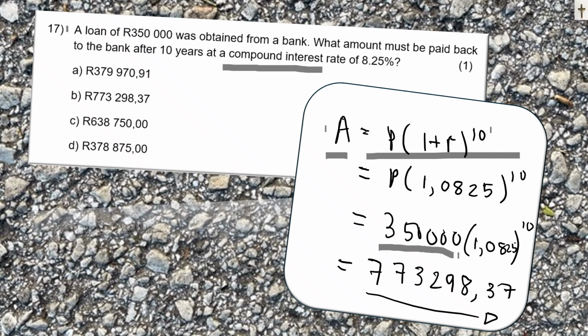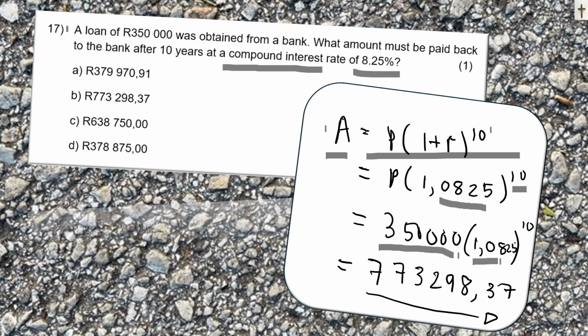350,000, you know how to use your calculator. You punch this into your calculator, 1.0825, because it was 1 plus R, 1 plus the interest rate. 8.25% as a decimal is 0.0825, plus the 1.